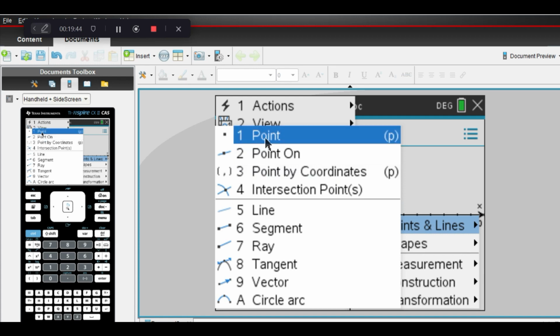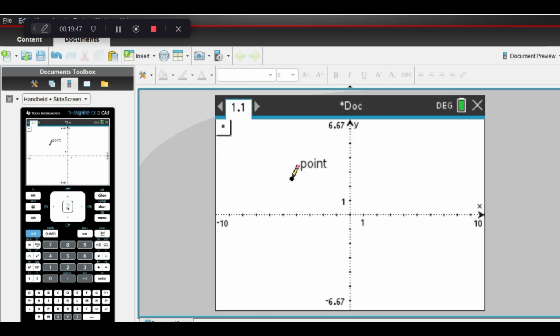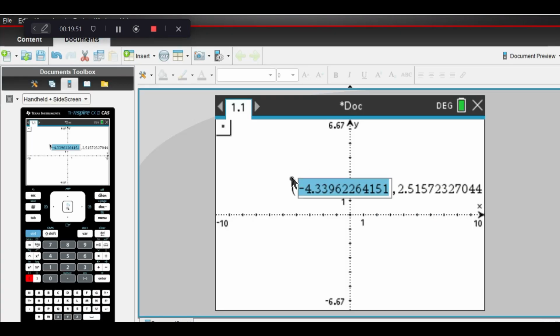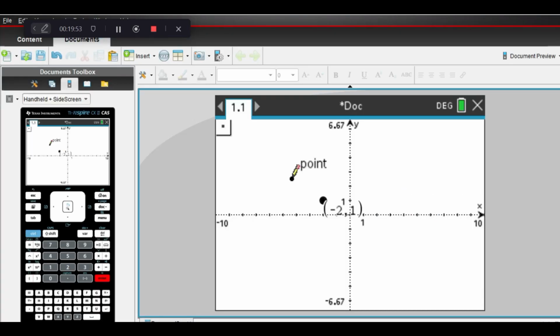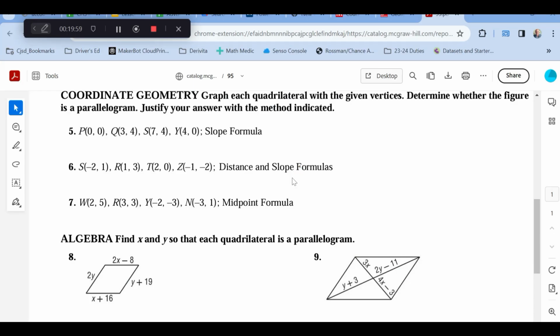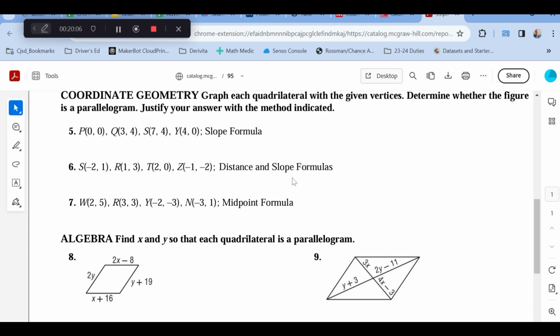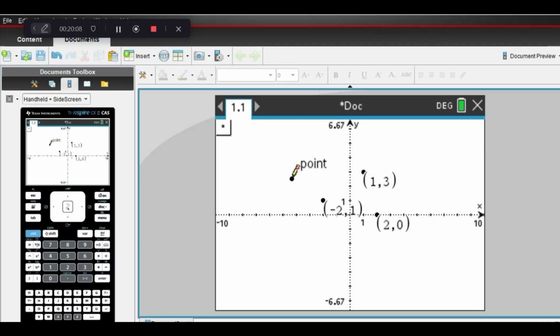For me, it's just helpful to see what they are. So this is -2, 1. So -2, enter 1, enter. And 1, 3. So 1, enter, 3, enter. Then 2, 0, 2, 0. And -1, -2.